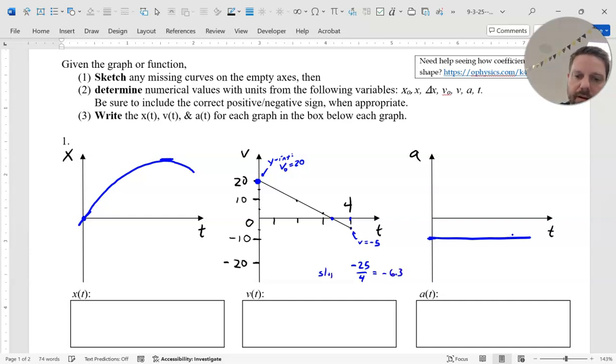And this is our slope, and that's going to be the acceleration. So that actually gives me my constant acceleration. There's no function for this. It's just simply negative 6.3.